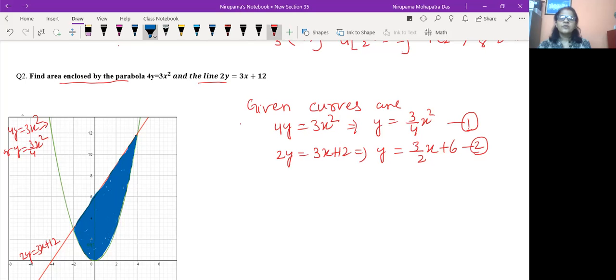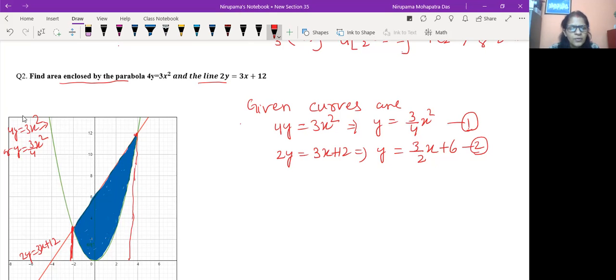Unless we have limits of integration, how can we integrate it? So you see the intersection point. This is one, and this one is another point of intersection. You can draw vertical lines just to mark the area.